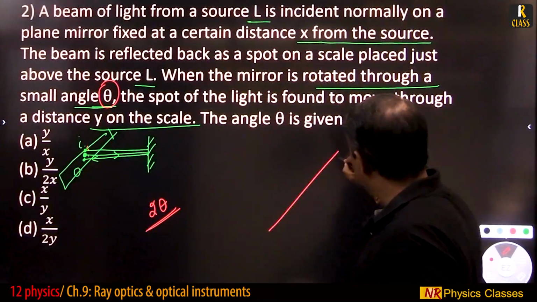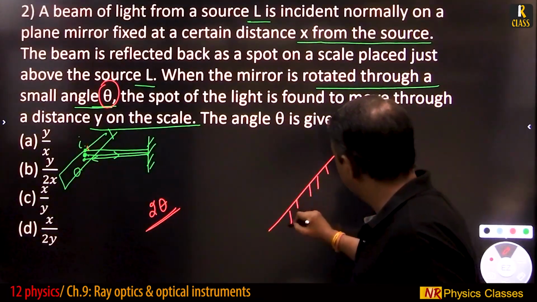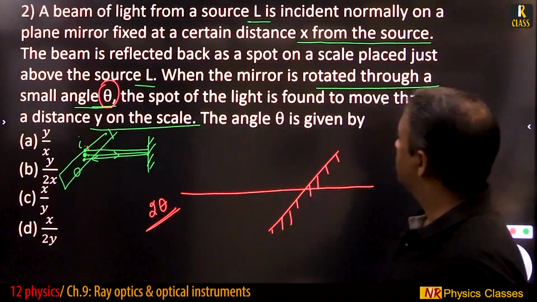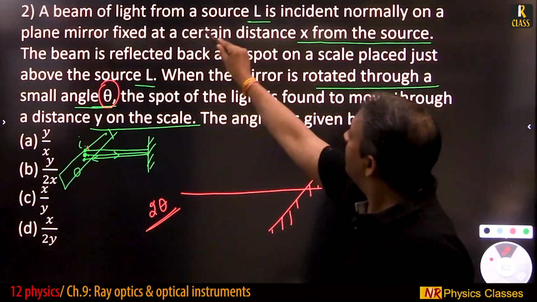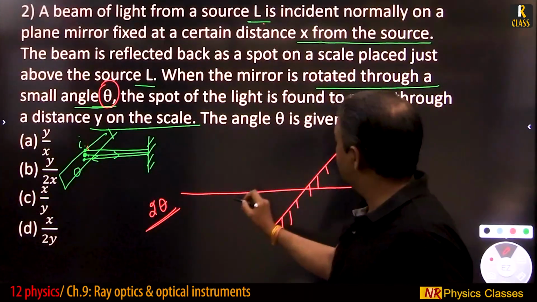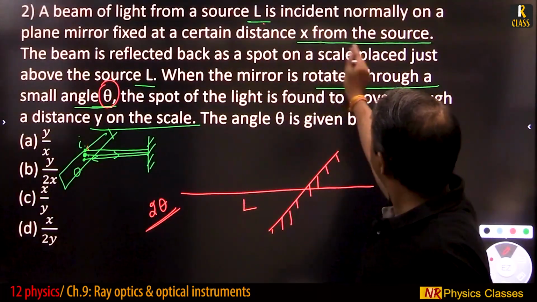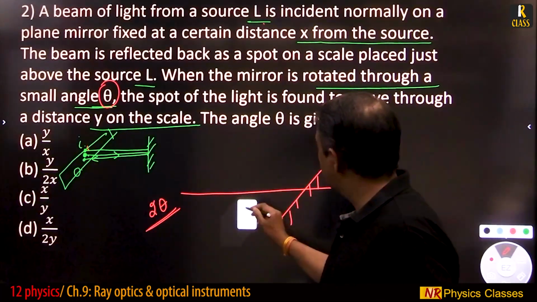Now I want some space. This is the mirror. Beam of light from source L, fixed at a certain distance x from the source. So this is x.